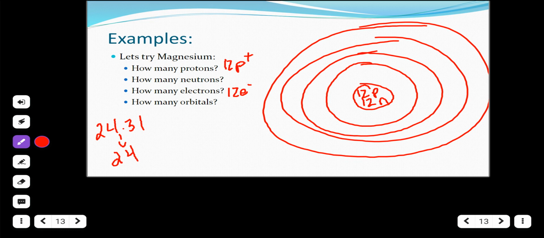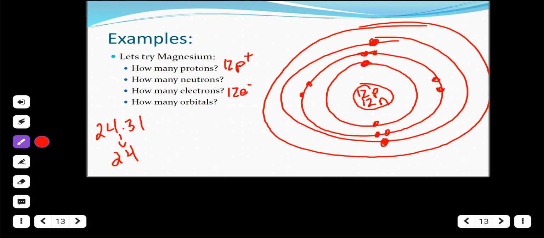For your 12 negative electrons, you want to put 2 on the first ring. You want to put 8 on the next ring. And lastly, you want to have 2 on the third shell.